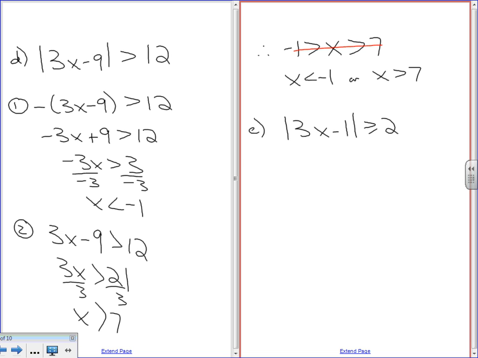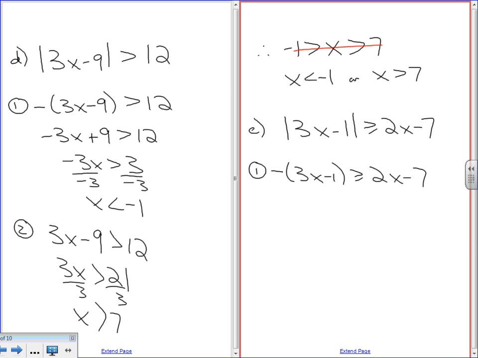What matters is that you remember that as soon as you see an absolute value, whether it's an equation or an inequality, you think, I have to do two answers. I have to do the negative answer and I have to do the positive answer. So the first case is the negative case. So I write down the negative of what's inside of the absolute value, and everything else stays status quo.